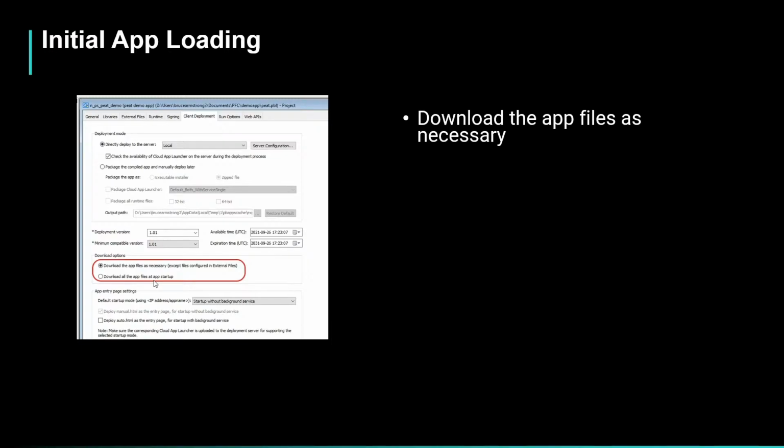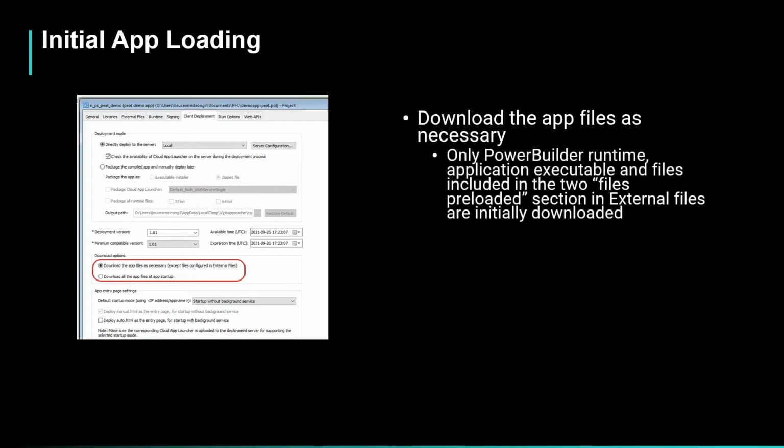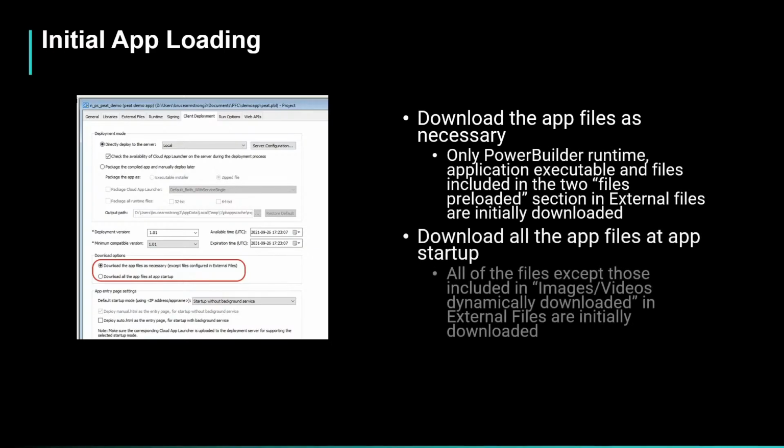Conversely, if you say that it's going to be dynamic, then your initial load will be fast, but there'll be some portions of the ongoing app operations that will be slower. And this indicates what the impact of those two options are.